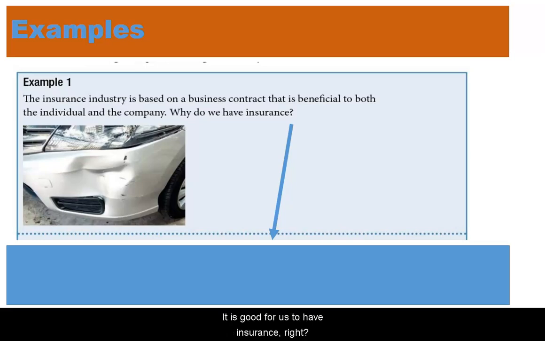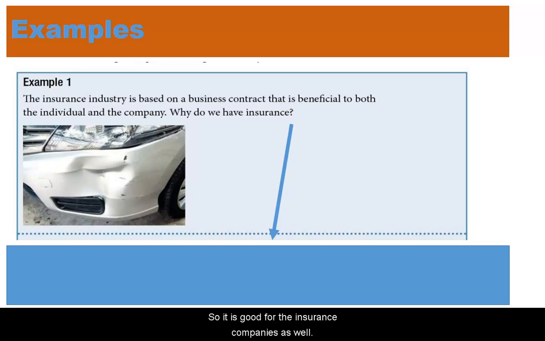Now, it is good for us to have insurance, right? It is a big loss, maybe unlikely to happen, right? If a big loss does happen, we couldn't afford it, right? We couldn't afford that loss.